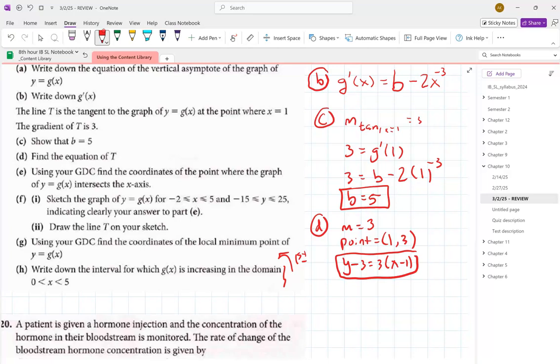To solve that, I'd graph the derivative in my calculator and find the x-intercepts. And then just look at the graph and see where it's above and below the x-axis to draw my sign diagram. And that'll give me the answers for both G and H. Is that enough for you guys to just talk through what I would do? We've done this a couple of times now. If it's not, that's fine.